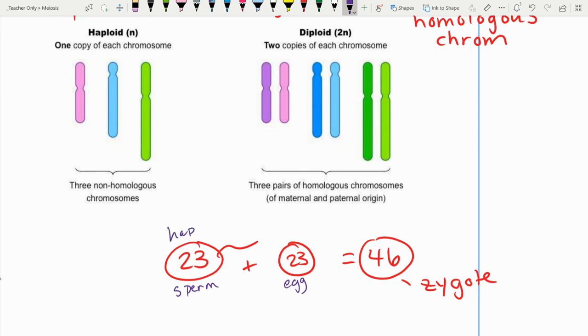When the sperm fertilizes the egg, we get 46 chromosomes and a zygote. So this is now diploid. Eventually this zygote will become an embryo, a fetus, and then a baby.